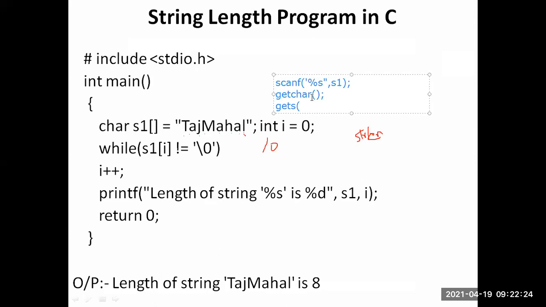For example, I write ch equal to getchar. It will take the character from the user, and we will also take the string from the user by using the command gets.